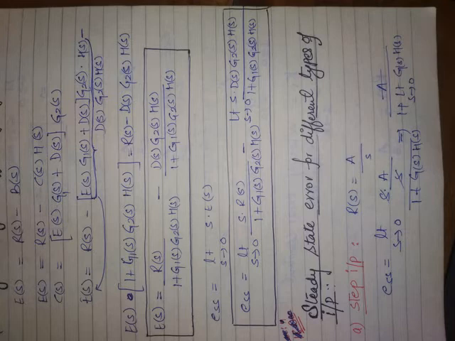Therefore, to calculate steady state errors, it is desirable that the gain of the feedback element be unity. That is H of s equal to 1.